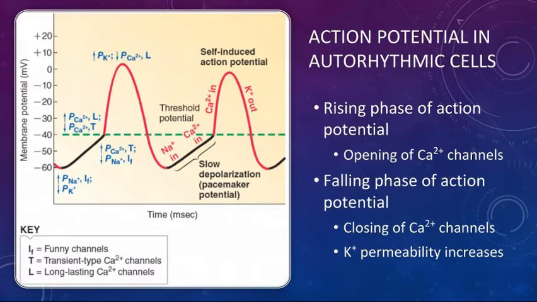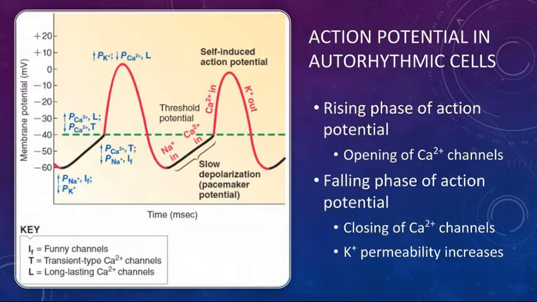Once threshold is reached, the L-type calcium channels are activated, and depolarization, which is the rising phase of the action potential, occurs. The L-type calcium channel is a long-lasting, voltage-gated calcium channel. When this channel opens, there is a large influx of calcium.